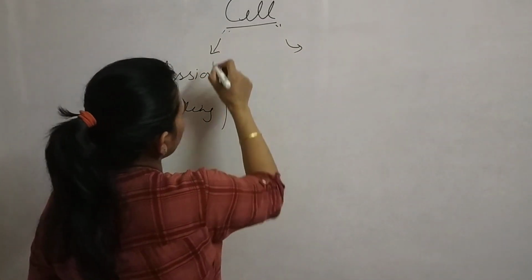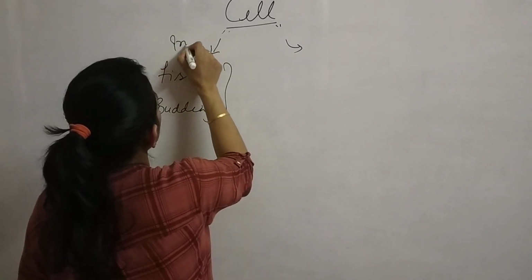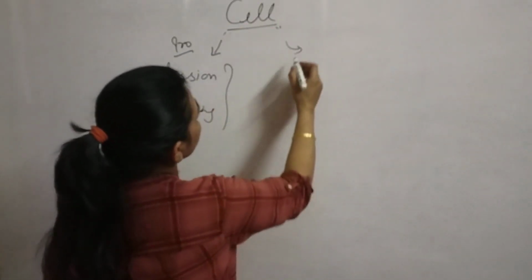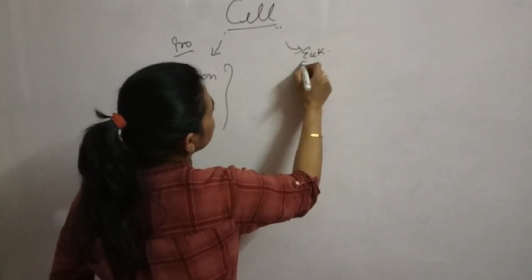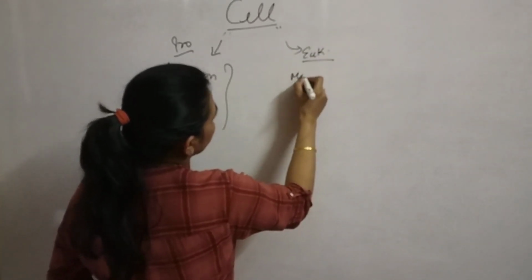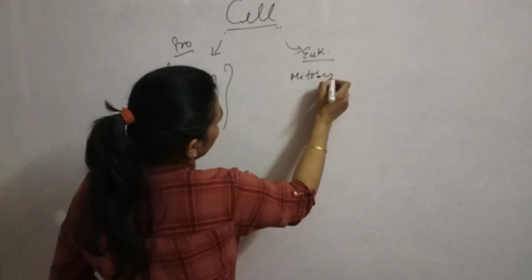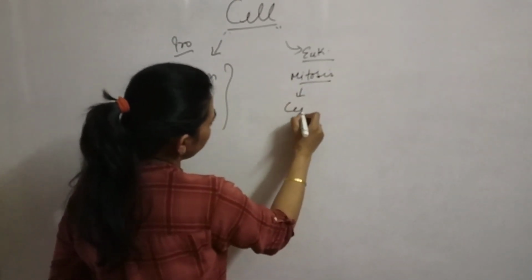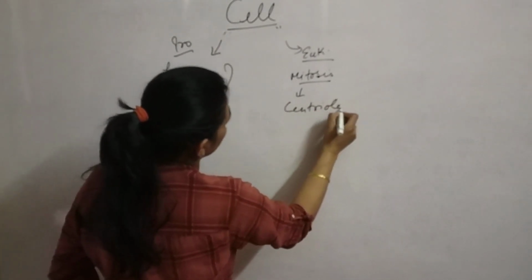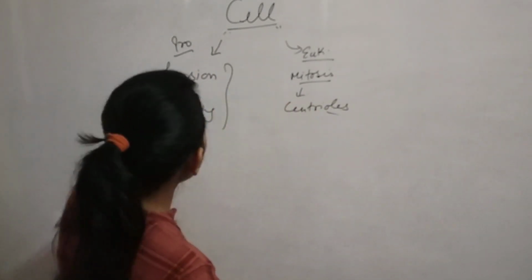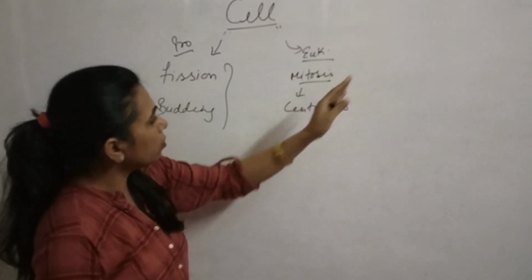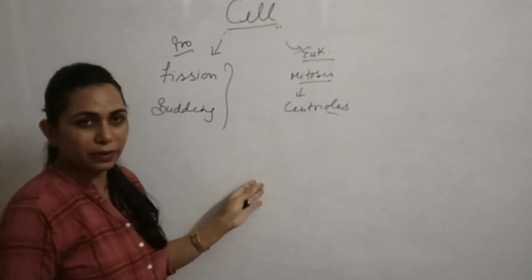While in eukaryote, cells are divided by mitosis. For mitosis we need centrioles, because in prokaryote there is no such kind of division, that's why centrioles are absent. But in eukaryote these centrioles are present.